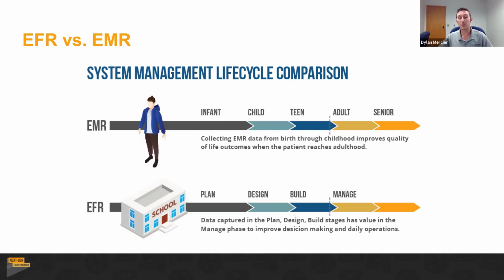In some larger facilities that may have a little better access to capital funds, you may be beginning your planning process while you're completing the building process. All of that information, especially if you're able to gather it during the plan, design, and build, it makes that manage life cycle much easier.